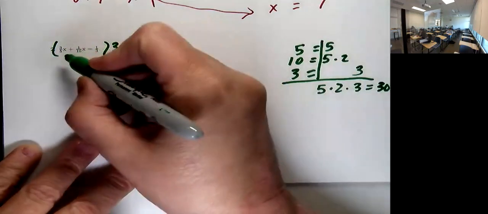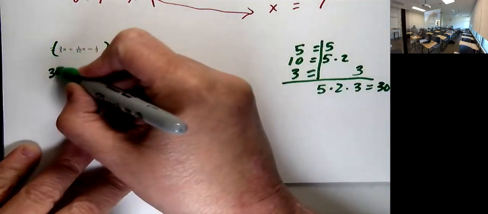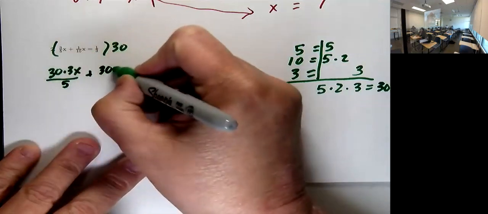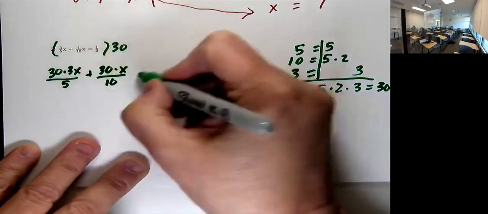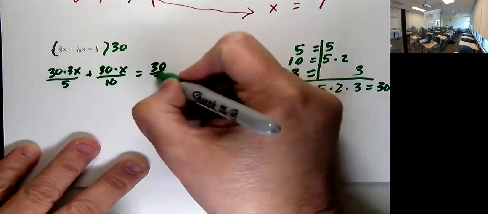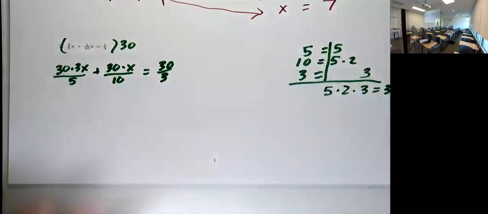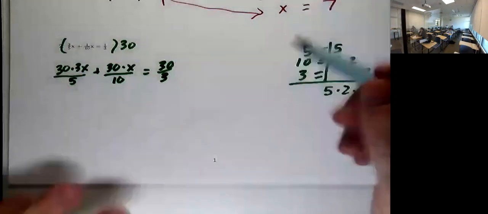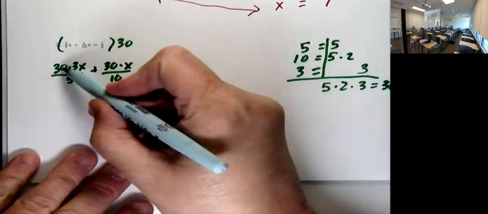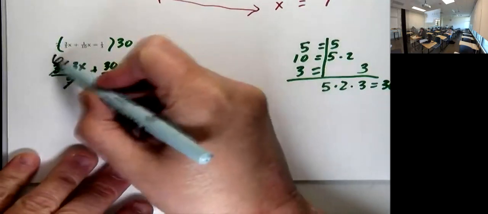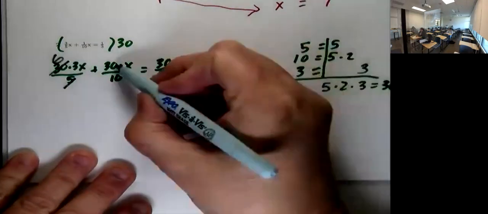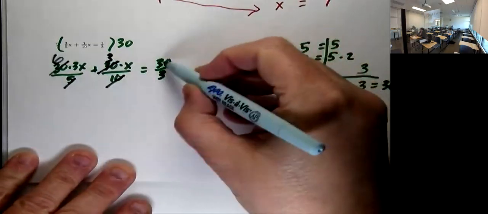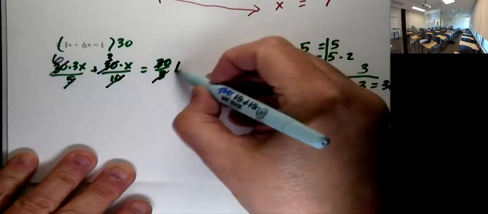If I do 30 times 3x over 5 plus 30 times x over 10 equals 30 times 10 over 30... I mean, 30 times 10 over 3. With that step done, 30 divided by 5 leaves a 6 behind. 30 divided by 10 leaves a 3 behind. And 30 divided by 3 leaves a 10 behind.